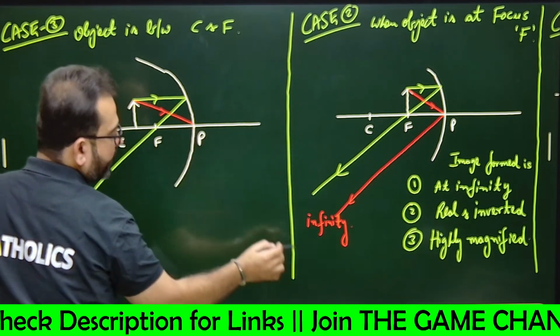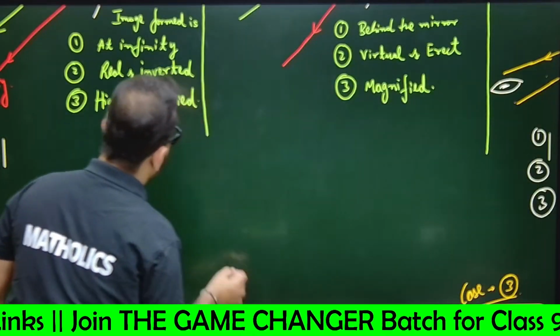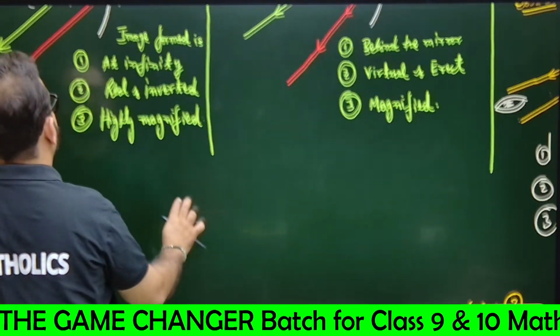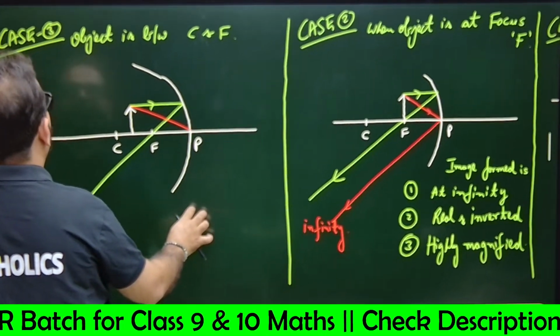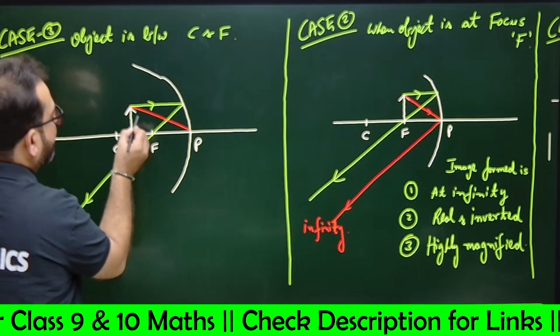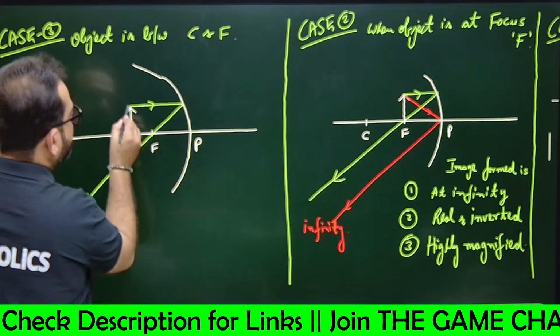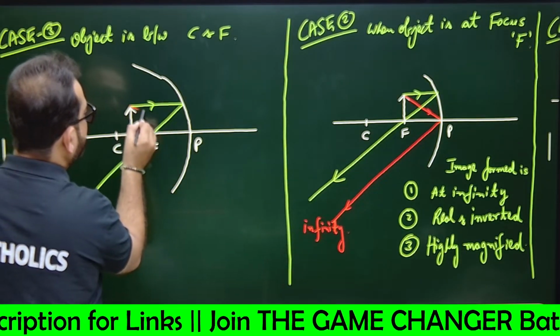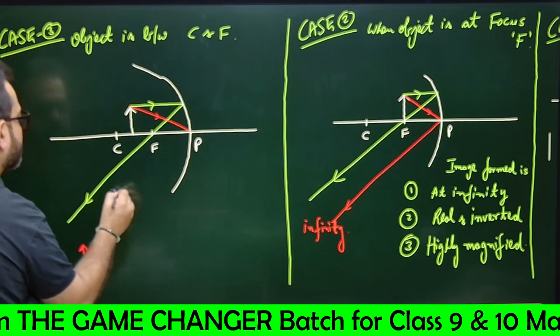It will reflect back along the same path. Let's draw neatly. Where is it? Here it is. I'll draw a single ray going towards the pole from here to here. This is the pole.